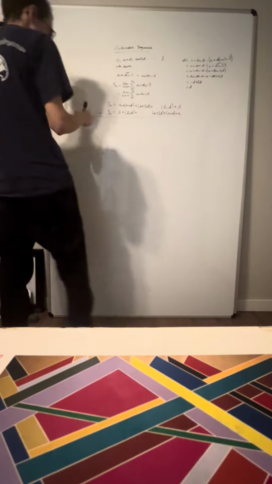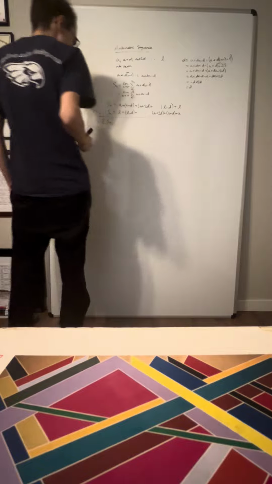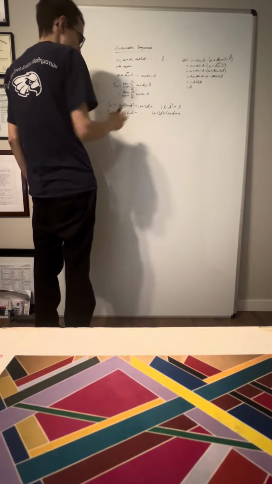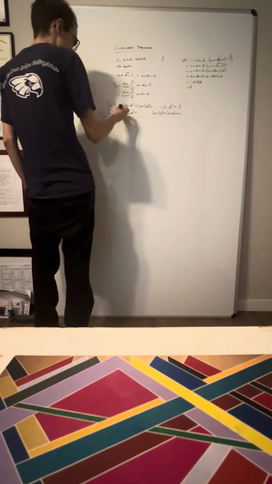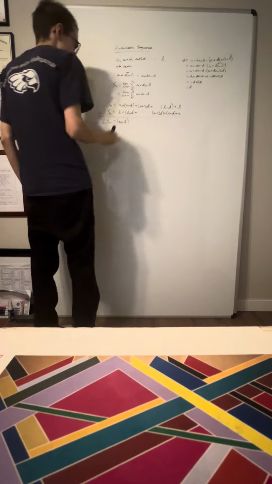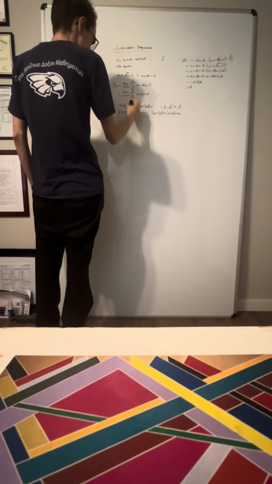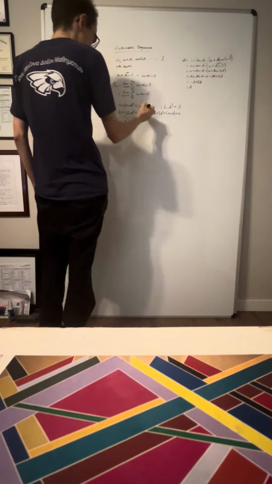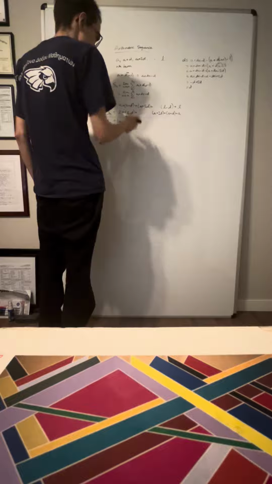So notice how we have 2 Sn, and notice how when you line up the terms perfectly here, we're just going to get a plus L. And notice how the plus d and the minus d, or the plus 2d and minus 2d, are going to go away, and all of this.